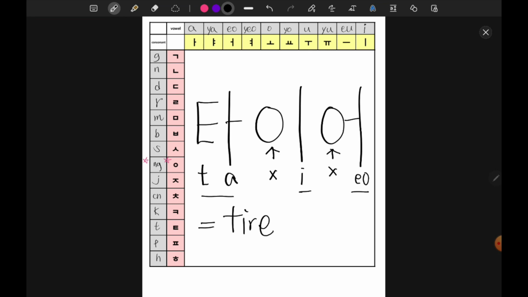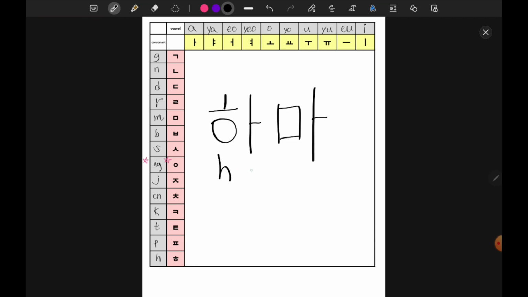Tire, like flat tire or strong tire. Yes. How about this? 하, 아, 하, 마, 아, 마, 하마, 하마. It means hippo. Great. Good job.